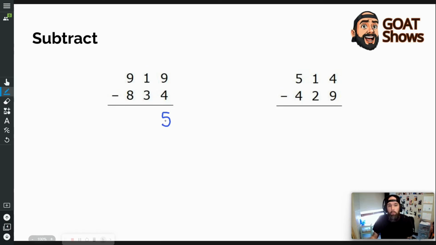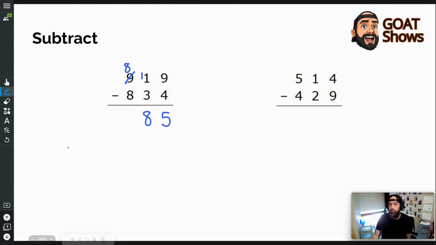Easy peasy. 1 minus 3, I can't do it because 1 is smaller than 3. So I'm going to borrow 1 from 9 and turn 9 into 8. So 1 becomes 11. 11 minus 3 is 8. Now I move to the next one. 8 minus 8 is nothing.